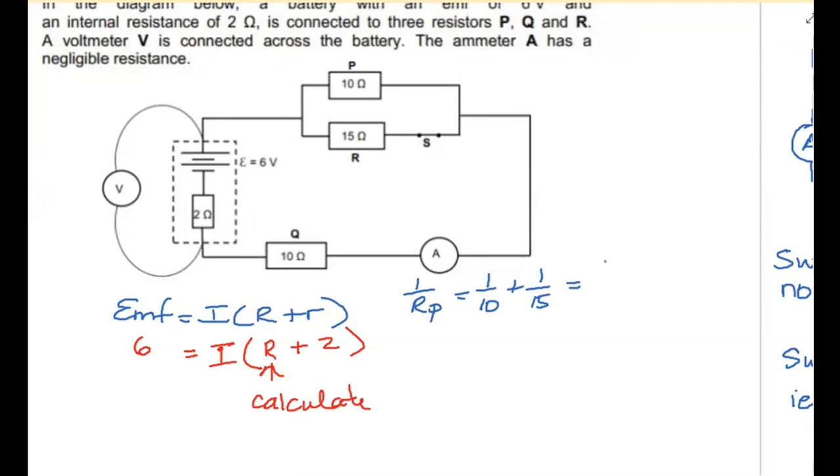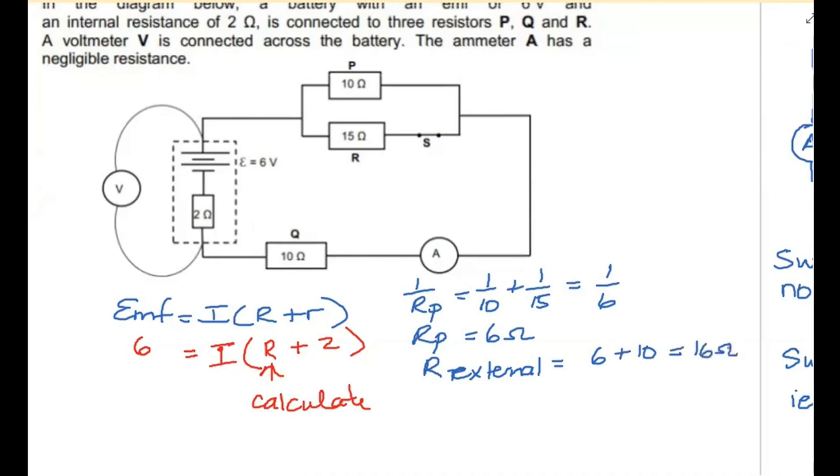Okay, so that's 1 over 6, and therefore RP is 6 ohms. So my total external resistance is then 6 plus 10, because remember, this is in series, which is 16 ohms.